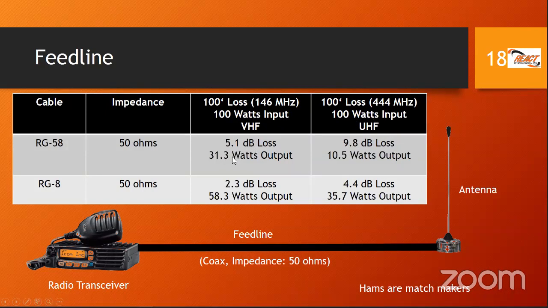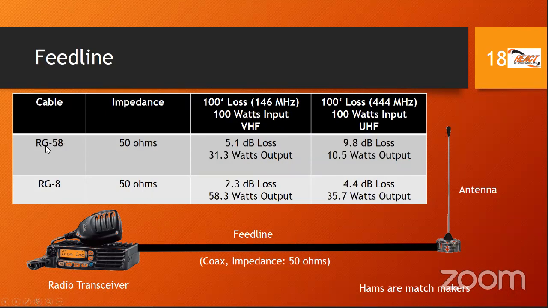So let's see what happens here. If I'm using RG58 cable on the VHF spectrum, and I'm using 100 foot of cable, I get a loss of 5.1 dB. And if my radio is putting out 100 watts, to get to the antenna, if I'm using RG58 cable, that 5.1 dB loss means that I will only see 31.3 watts at the antenna.